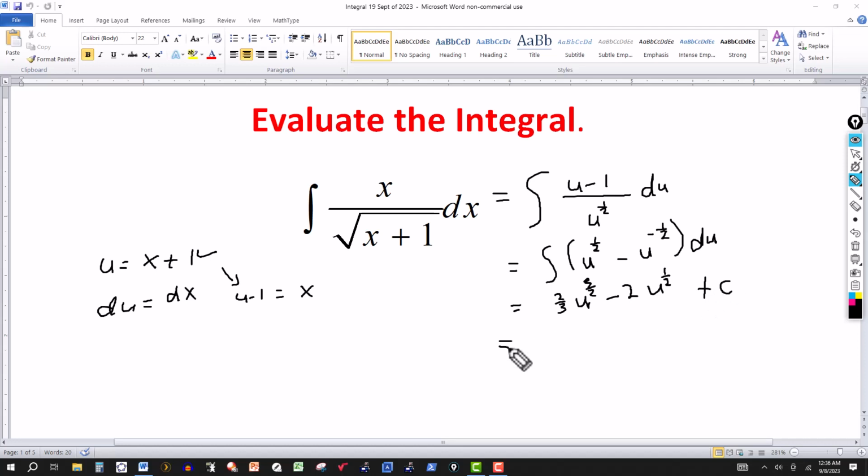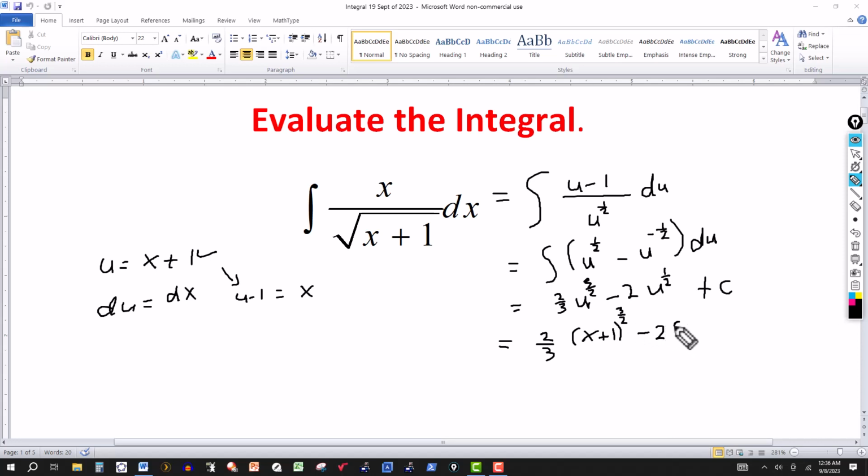And then all we have to do now is go back to the original variable here. So I got 2/3, and then the u is replaced by x plus 1. So 2/3 times x plus 1, and then the exponent is 3/2. Then I've got a minus 2. Again, u to the 1/2, or the square root of u.